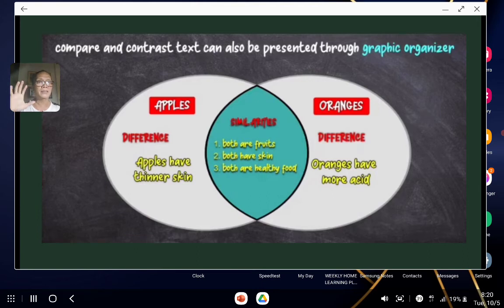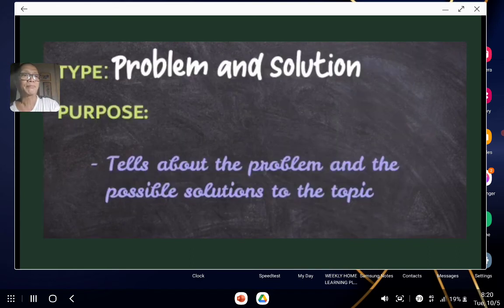On the white circles are the differences on both sides, and the center in green color are the similarities. Apples have thinner skin, while oranges have more acid. Okay, that is their difference. While the similarities are: both are fruits, both have skin, both are healthy foods.